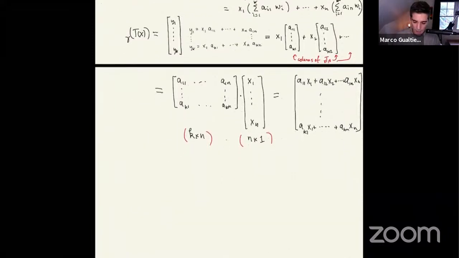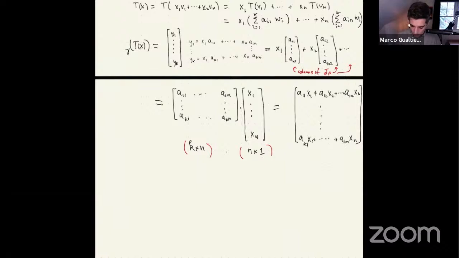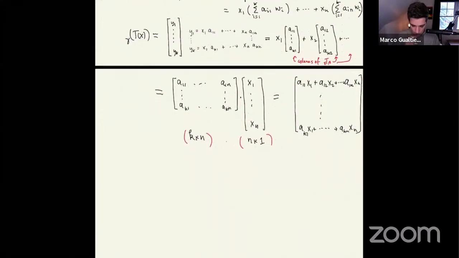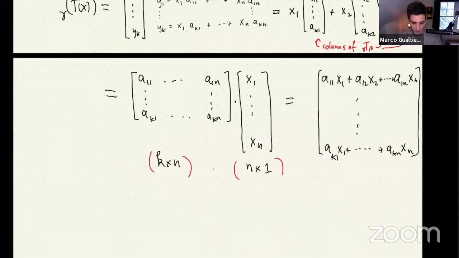So the way you should think is, if we're interested in a certain row, let's say row r, then row r will involve the corresponding row of this matrix and this column.